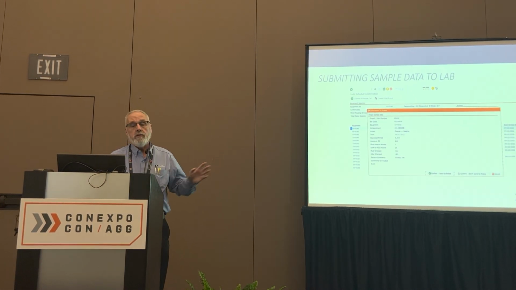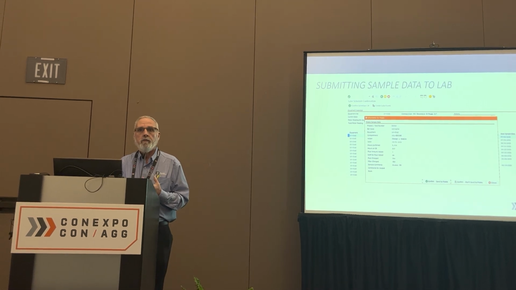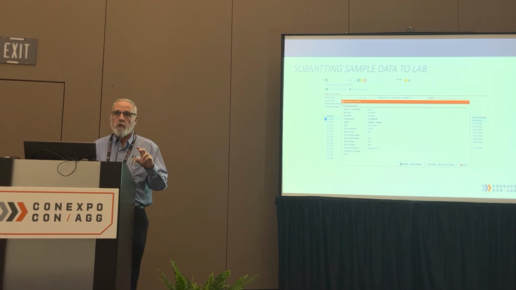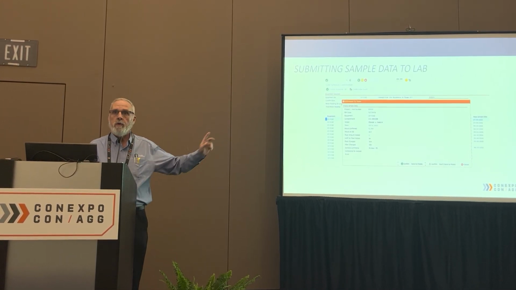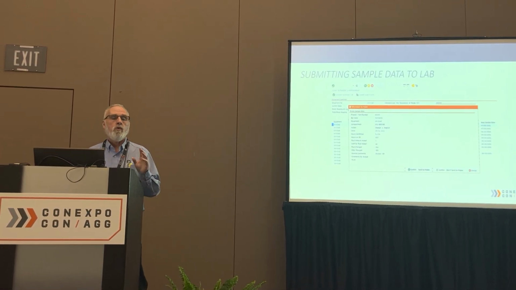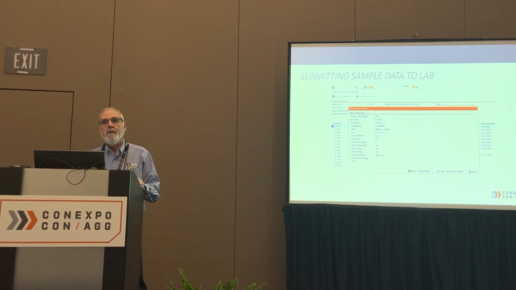Once they hit submit to lab, the laboratory has the electronic data on file, and we're just waiting for that physical sample to arrive at the laboratory. When the physical sample arrives, we scan the barcode, which matches up with this information you provided. And it's so much cleaner and faster and accurate that it just offers a world of benefit.